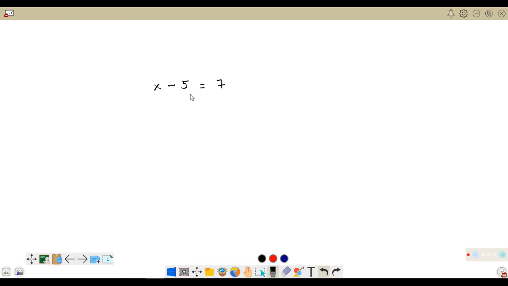Here, we have x minus 5 on the left-hand side and 7 on the right-hand side. If we want to get the value of x, we can use addition property of equality. So, paano natin siya gagamitin?